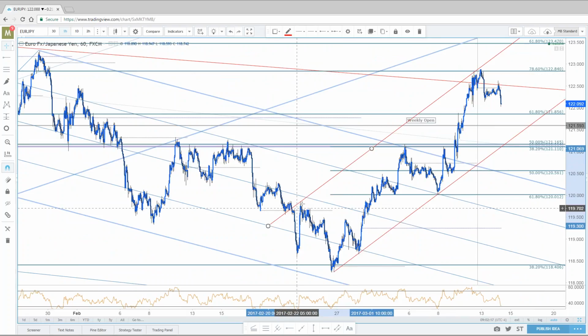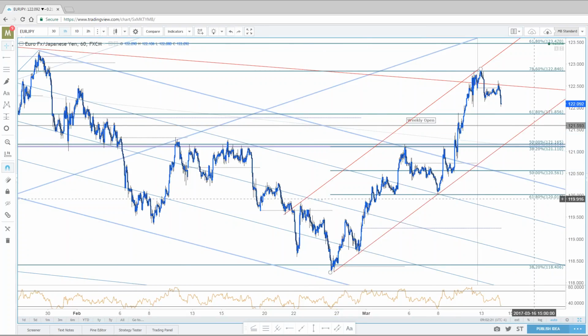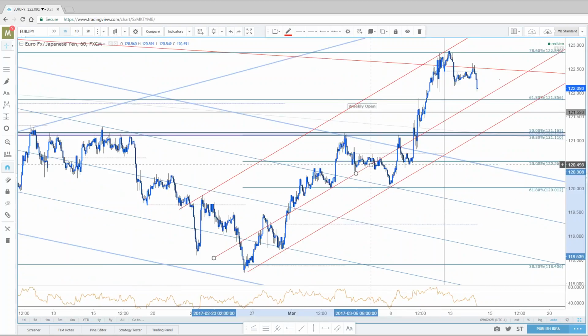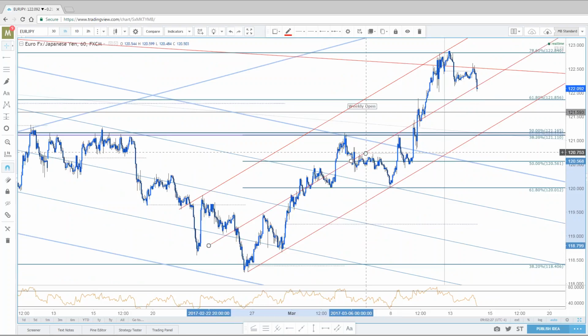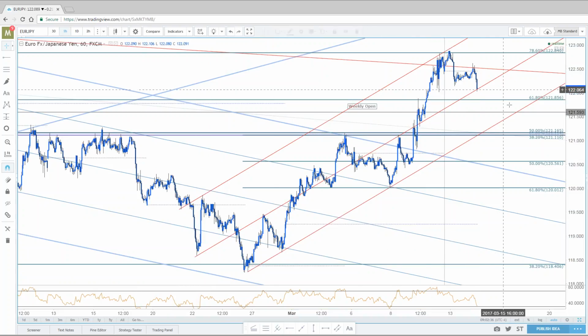Oh, nice touch of a parallel there. 1, 2, touch. Puts us at near-term support right now.